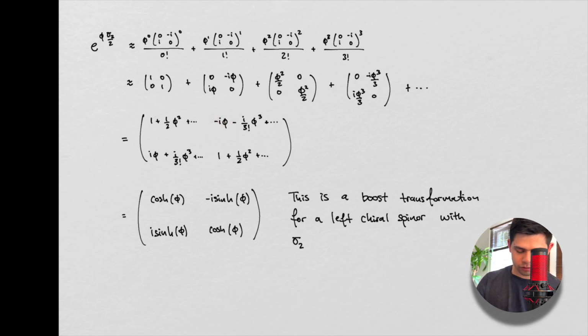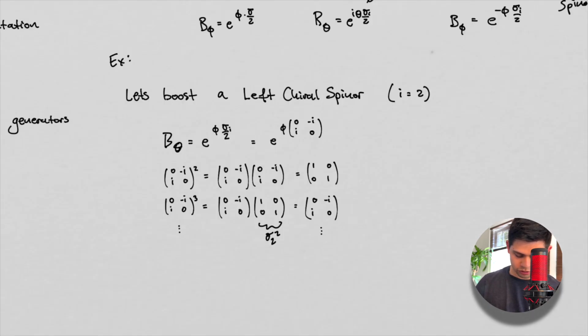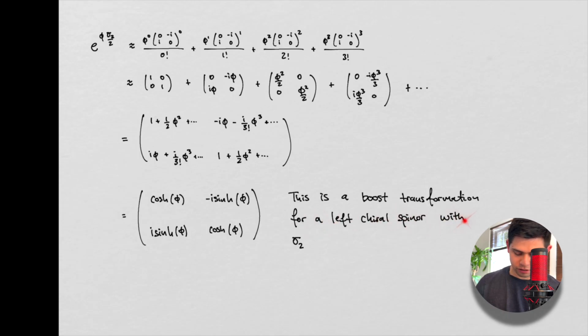You put all the entries together into one matrix like this, and lo and behold, this is what we see: hyperbolic cosine and sine, with the sines being multiplied by i. And this is a boost transformation. This was a boost for a left chiral spinor in which we use this guy.